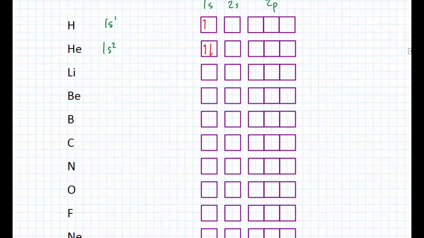There you go. That's not quite right because of Hund's rule. There we go.